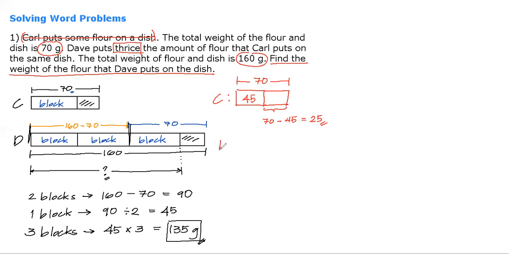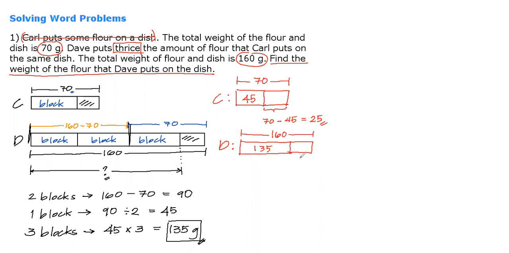Now, if you're about to solve for Dave, it has 3 blocks. So I will just change only the particular block for Dave. Let's say this is 135, which is 3 blocks already. Provided this is the dish and the total weight is 160.